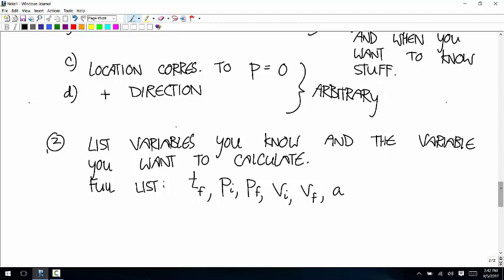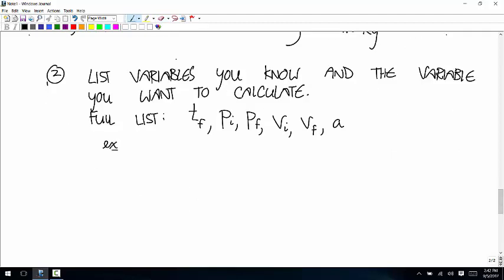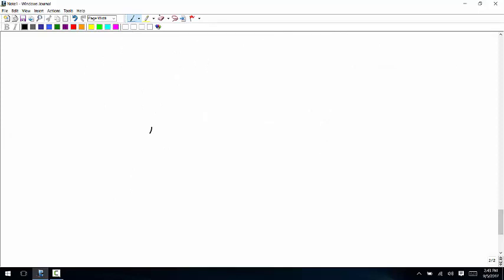So for example, you might have a problem where time final, that the whole thing they're describing takes 6 seconds, and that you chose your 0 position to be where the object was at time equals 0, so you know that.